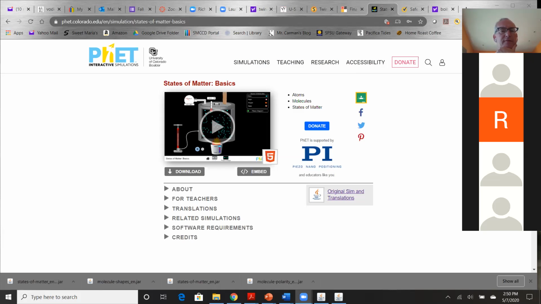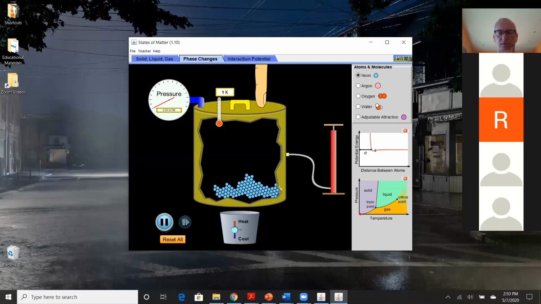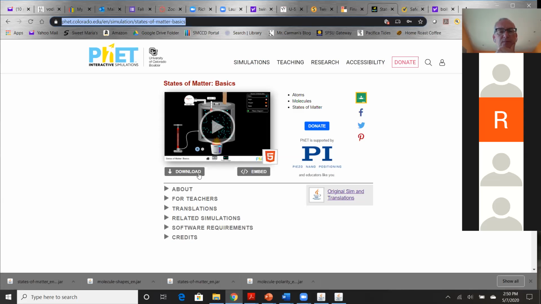Yeah, try the second one. If the first one won't work because it's Java, the second one should. You should get to this page, and then just hit download. It gives you a jar file. You open that, and then it should give you something that doesn't require Java.